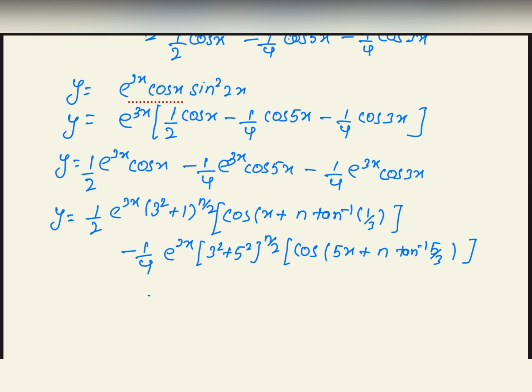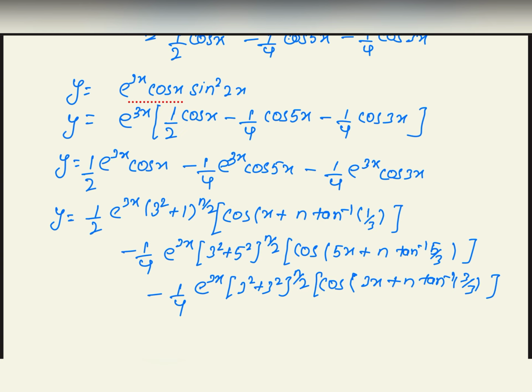Similarly, minus 1/4 e to the power 3x, 3 square plus 3 square to the power n by 2, cos of 3x plus n tan inverse 3 by 3.